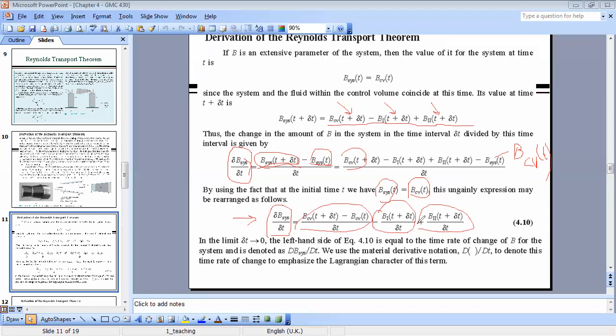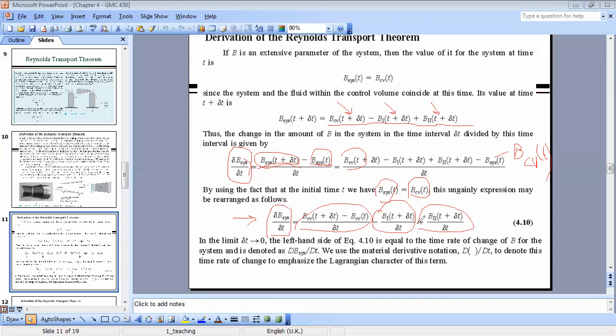Because when you talk about a control mass and you follow it, this is the Lagrangian approach. When you take a certain control volume and you look just at what is entering and exiting it, this is the Eulerian approach. So now this Reynolds transport theorem allows you to correlate these two strategies.